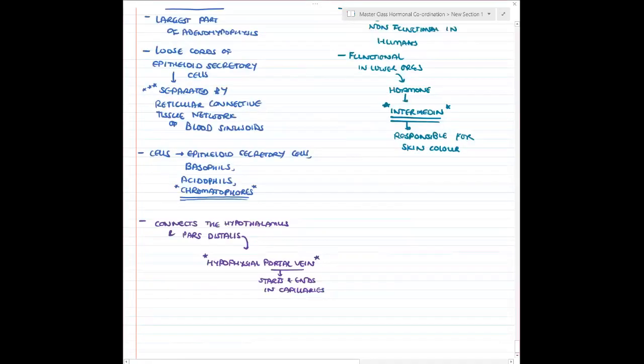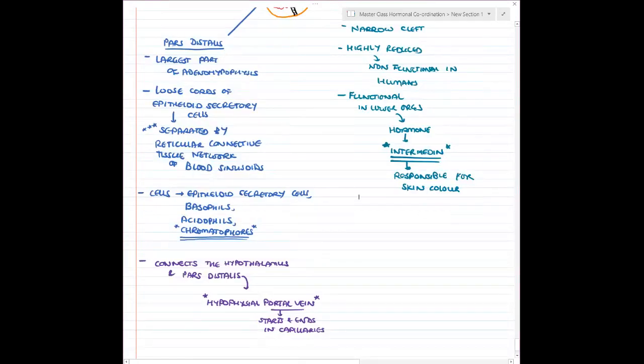Eosinophils. Eosinophils are acidophils. So see, we have basophils, we have acidophils, again neutrophils.